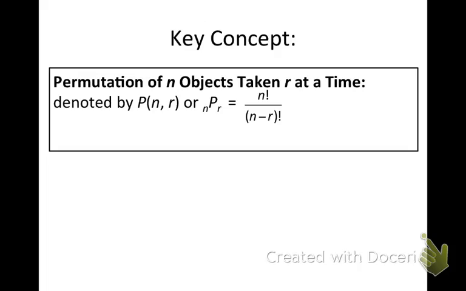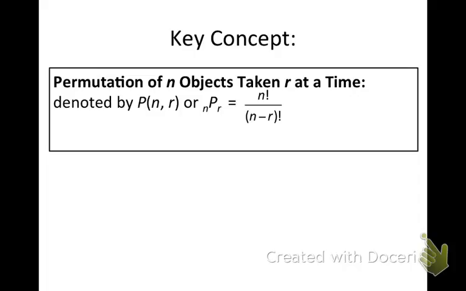All right, so here gets us to an actual formula for permutations. What we've been talking about thus far is if we had n amount of objects, then we could just do n factorial. Well, what if I don't want all of those objects in that set?